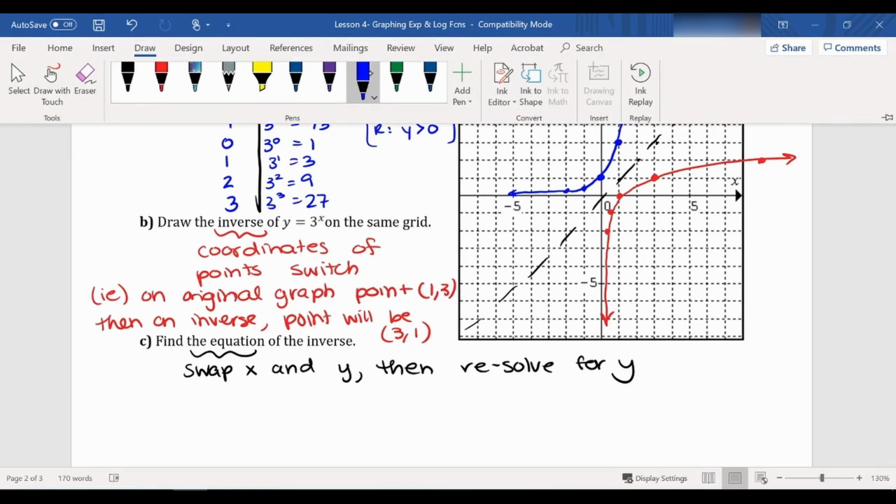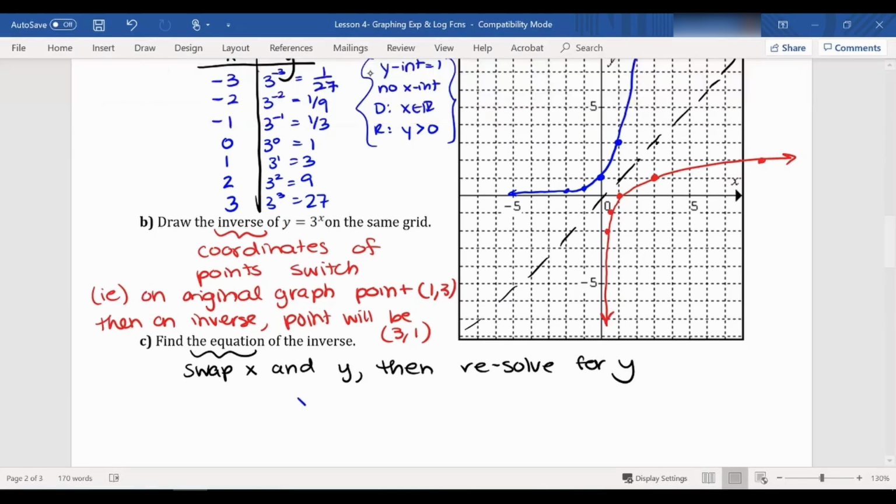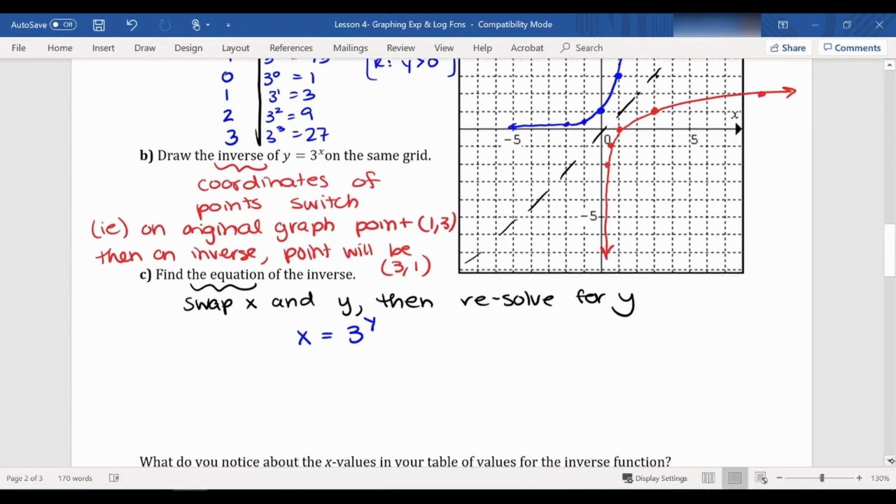We want to find the equation of the inverse. We would swap x and y, which would give us x equals 3 to the power of y. And then we need to solve for y. Now, because we want to find y, that's our unknown, which means we have an unknown exponent. This means we need to log both sides so that we can find that unknown exponent.